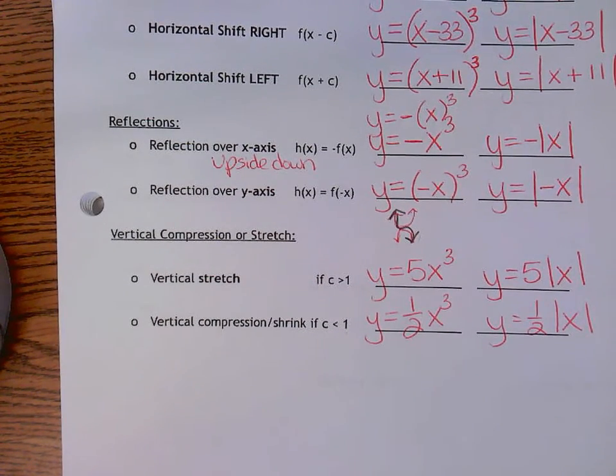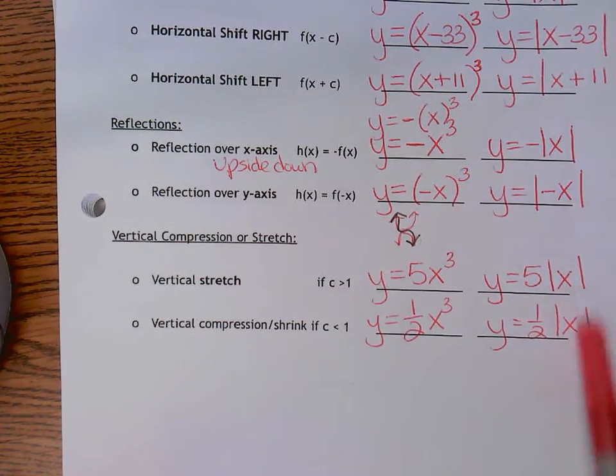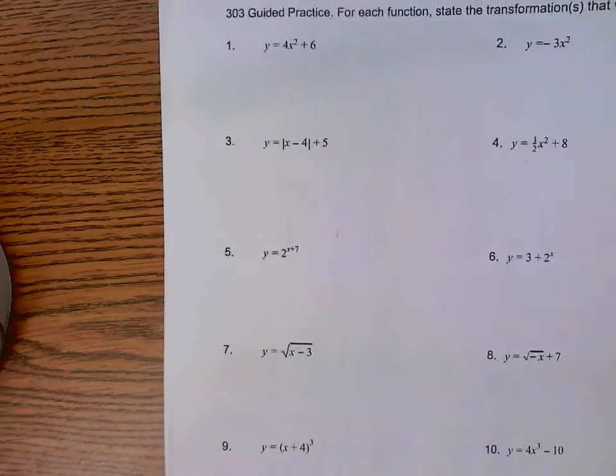So just looking at, we're going to have 8 different types of parent functions: linear, quadratic, exponential, absolute value, cubic, square root. The transformation rules are the same for each one, and you have to be able to write them correctly. So for the last couple minutes, what I'd like you to do is this back page, 1 through 14.